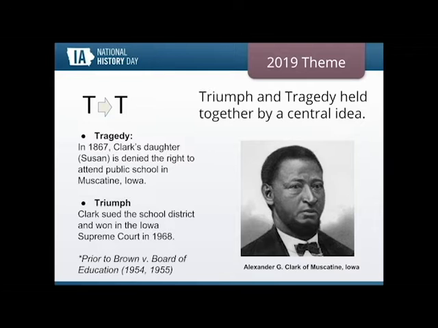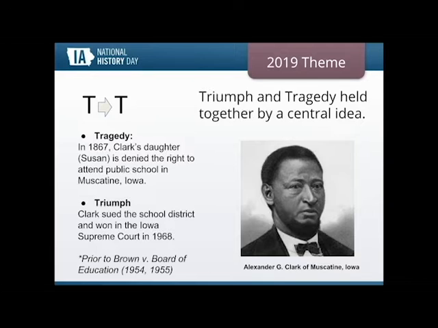In 1867, when the Muscatine School District said Clark's daughter, Susan, who was 12, couldn't attend the same public school, Clark decided to sue the school district and won in the Iowa Supreme Court. So we're looking at the tragedy of his daughter being denied the right to attend public school and the triumph of Clark winning in the Iowa Supreme Court.